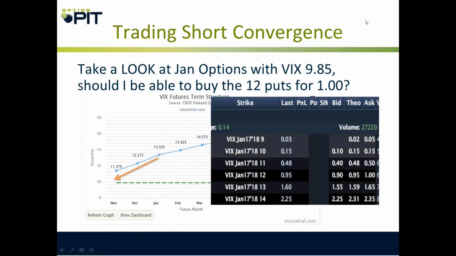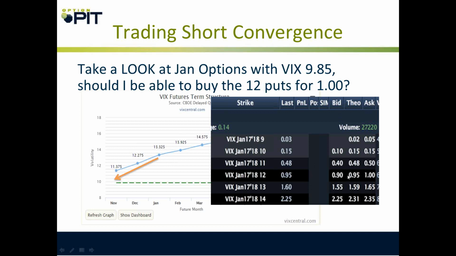So this is January 2018, and this is November 2017. And what I want to point out is, look at the 12 puts. The cash index is 9.85.